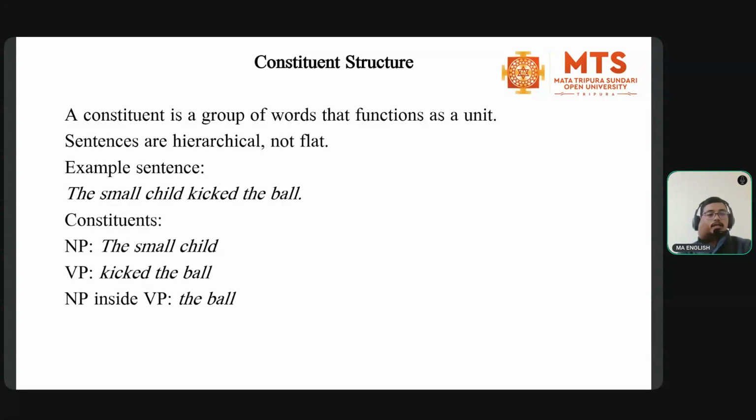So similarly, kicked the ball is another group. This works as a verb phrase. So inside the verb phrase, the ball is again a smaller noun phrase. So we can say noun phrase, the small child; verb phrase, kicked the ball; and the noun phrase inside the verb phrase is the ball.